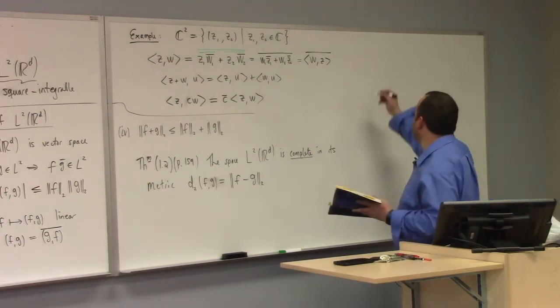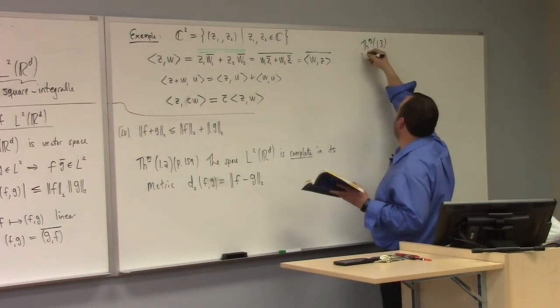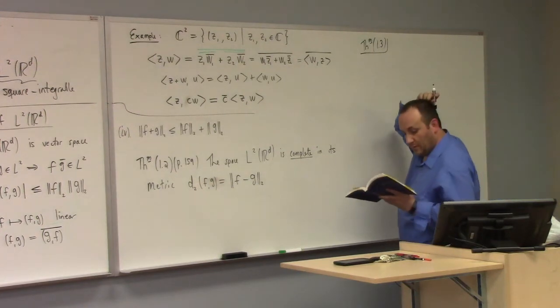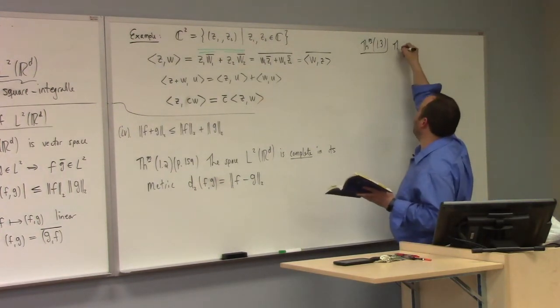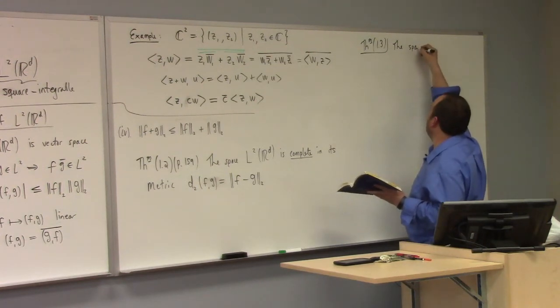Theorem 1.3, and now it starts to get a little bit more interesting. I don't think this is true for L1, what I'm about to say, although I'm not sure about that. I don't know. You tell me. Maybe you've done enough reading, Kang. You might know.